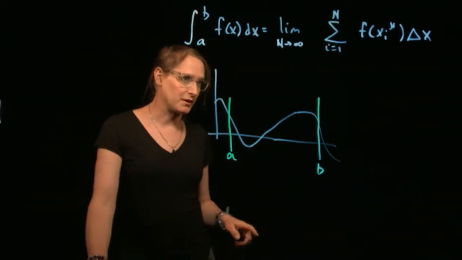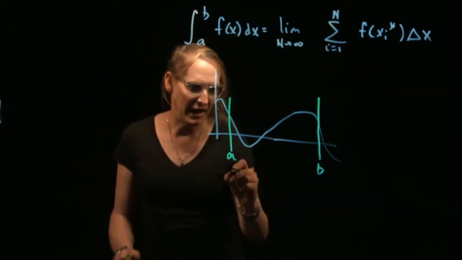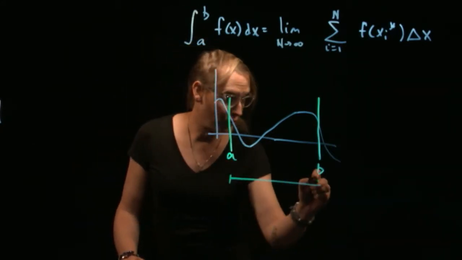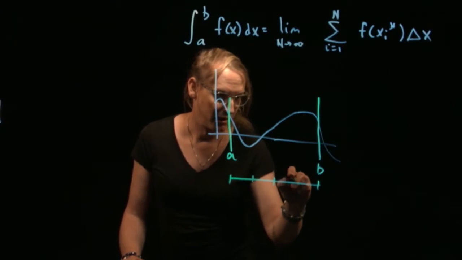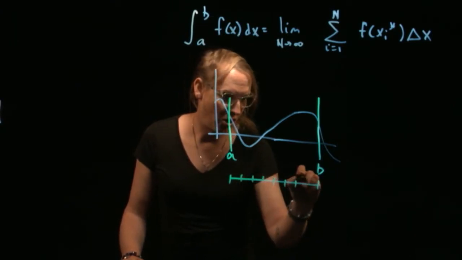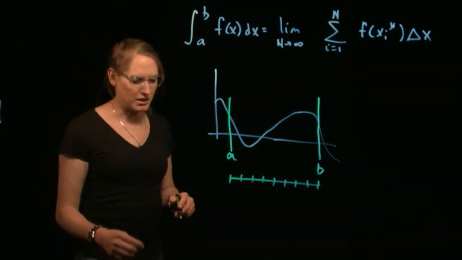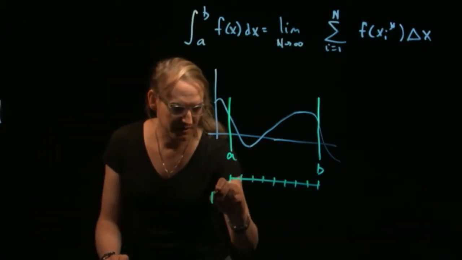We've been doing this by partitioning from A to B in a uniform sense. So consider that all of those points are equally spaced.